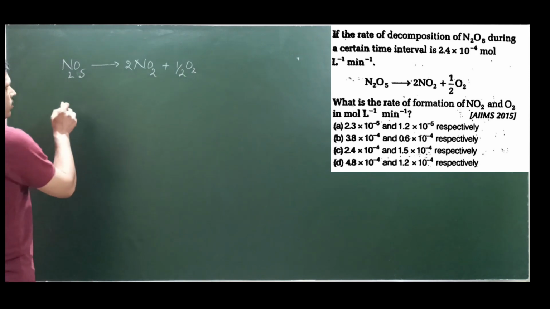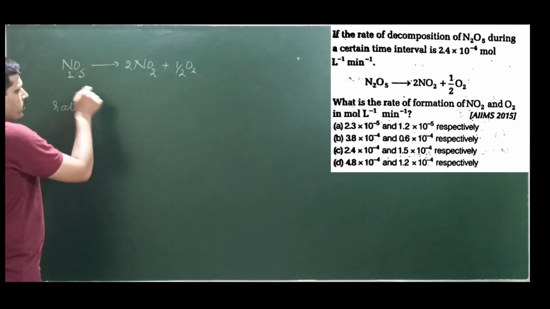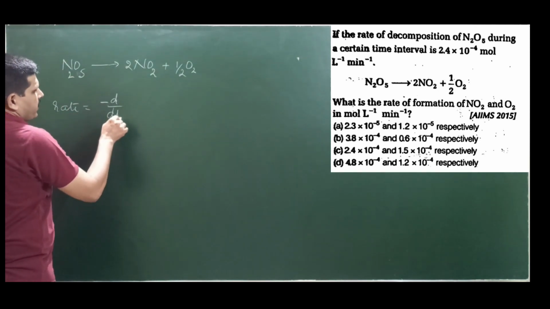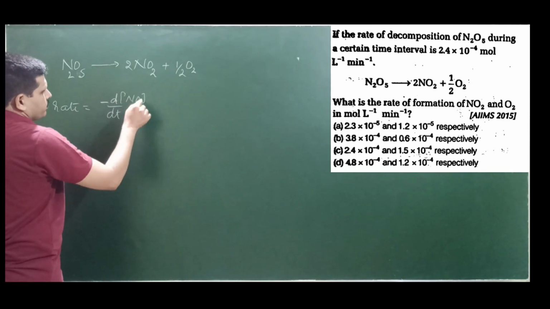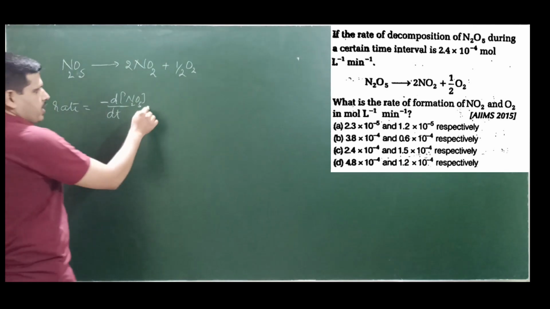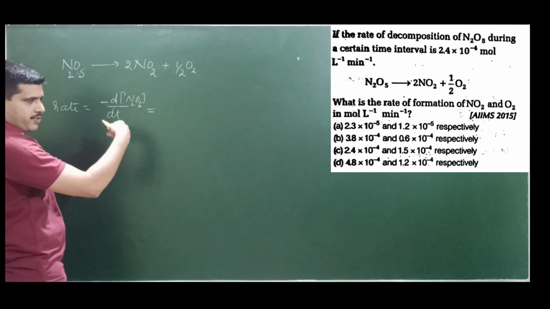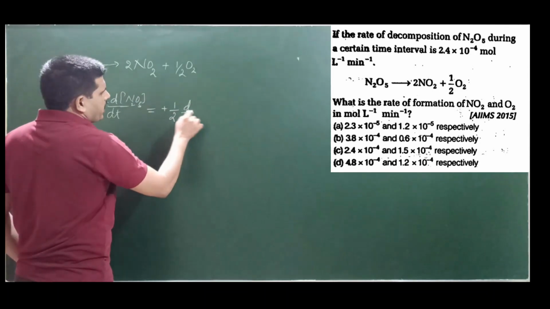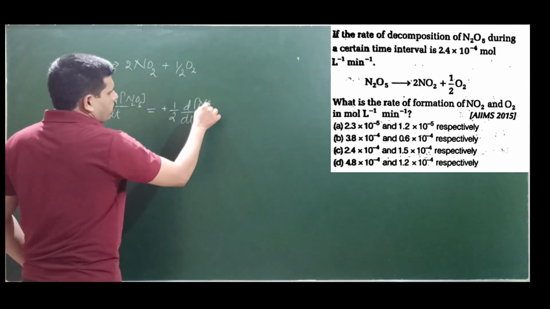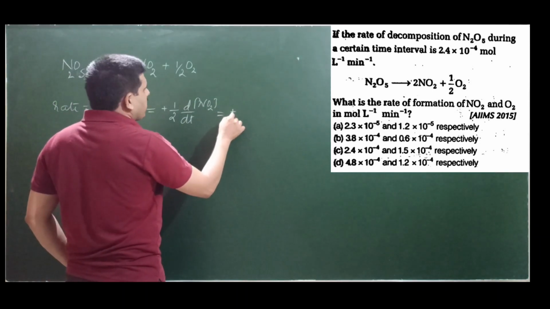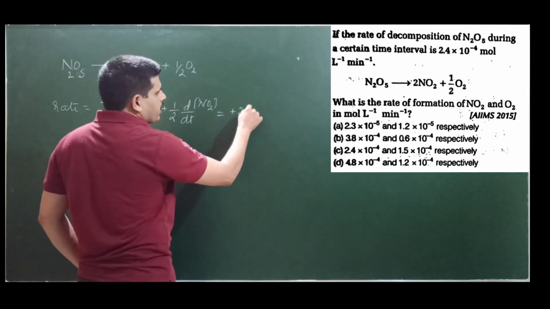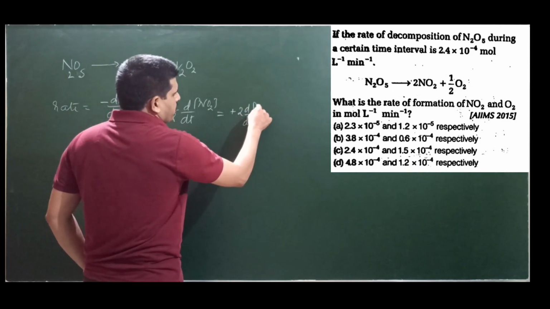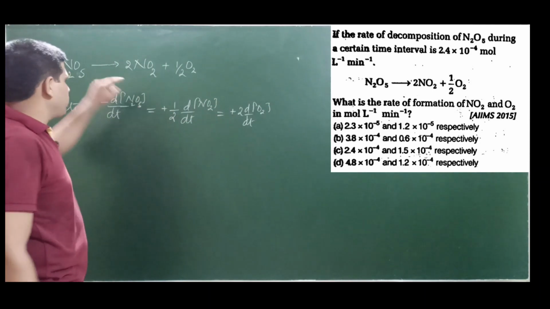The rate of the reaction is given by minus d by dt of the concentration of N2O5, the reactant. Since reactant concentration decreases with time, we write negative, whereas for the products it will be plus, 1 by 2 into d by dt of the concentration of NO2, which should be equal to plus 2 times d by dt of the concentration of O2. So this is the complete differential rate equation for the given reaction.